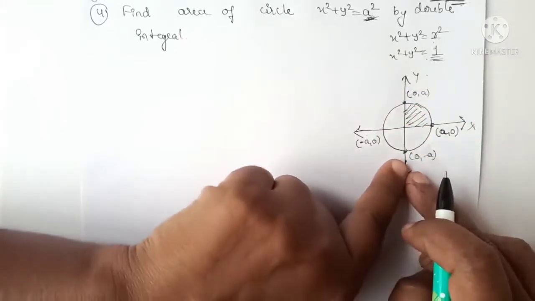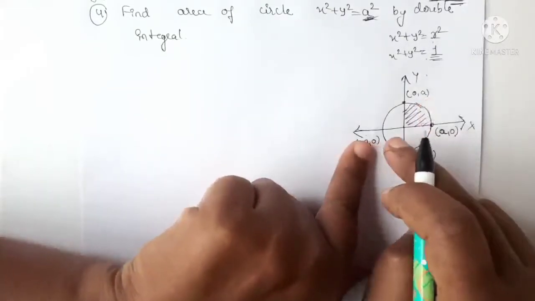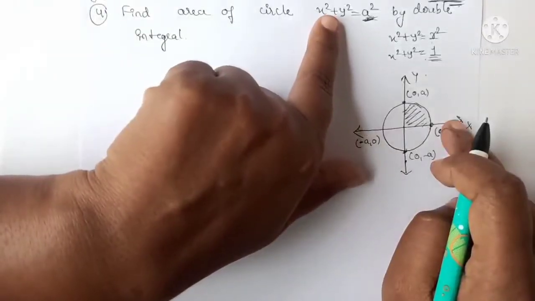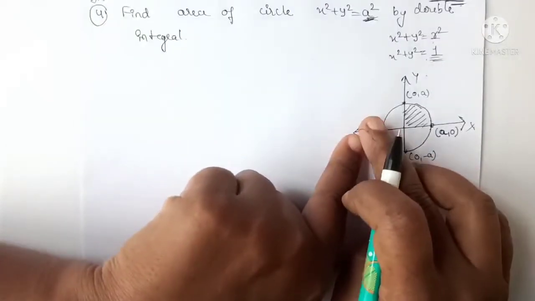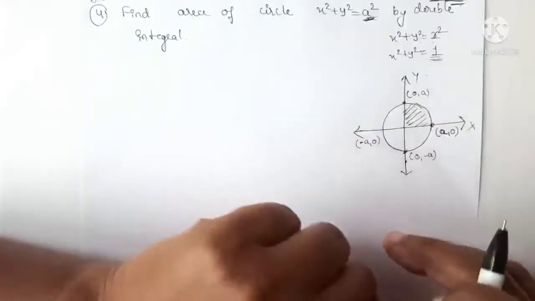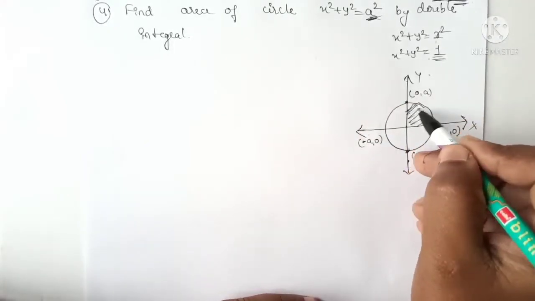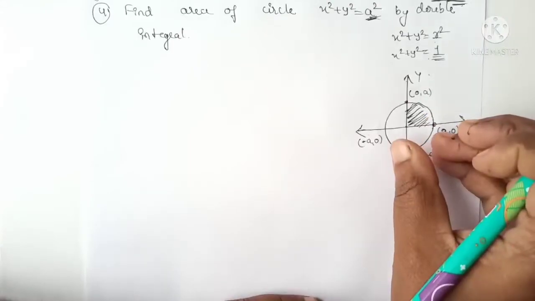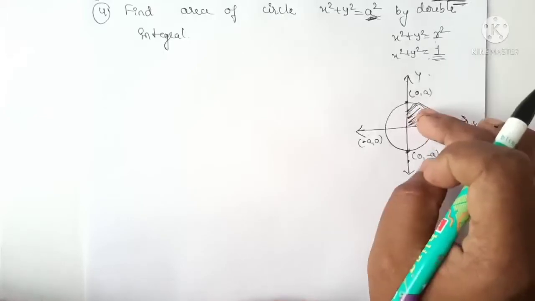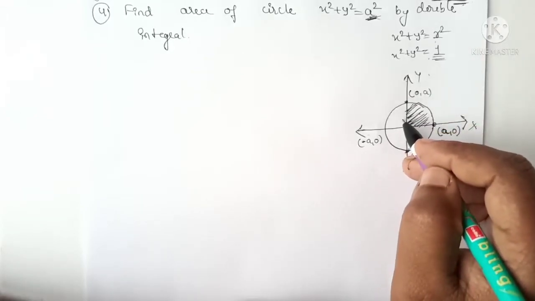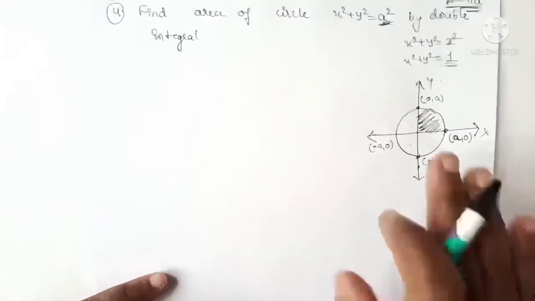For the y limit you can take y equals minus a to plus a, and x equals square root of a square minus y square, negative to positive. But I will just consider only one fourth of this curve, only this area, and I will multiply it by 4 because it has the same 4 parts.